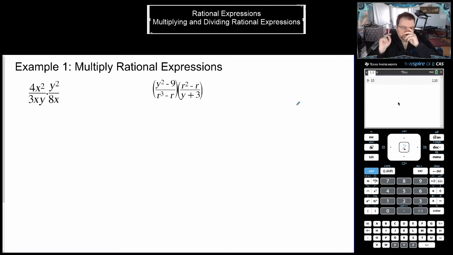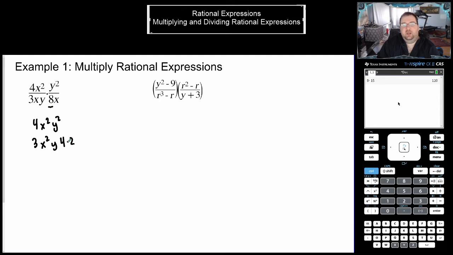Let's do 2 examples. I'll do 2 examples, and then you have some practice to do right after me. So we're going to multiply our numerators and our denominators. There's not too much simplifying we can do here. So we have 4x squared y squared times 3, and then I'm just going to combine these, x squared y, and then this one I'm actually going to turn into 4 times 2.